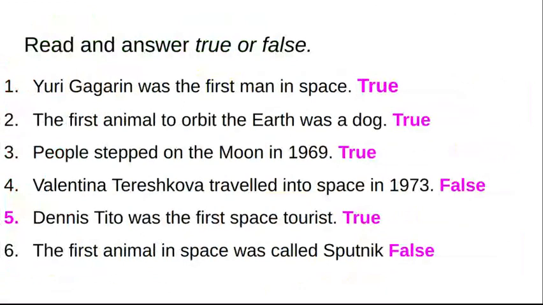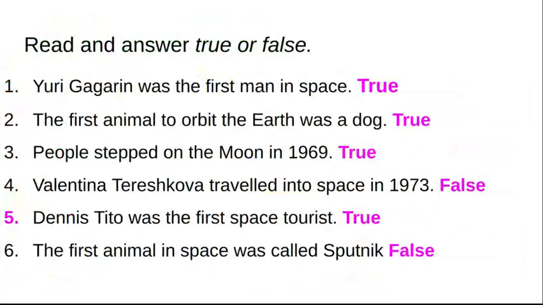Okay, here we have the answers. Number 1. True. Number 2. The first animal was a dog. True. Number 3. People stepped on the moon in 1969.